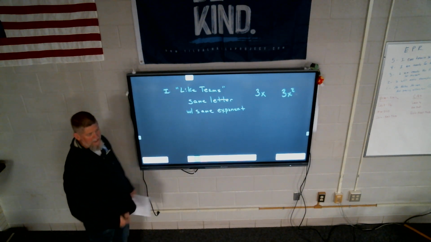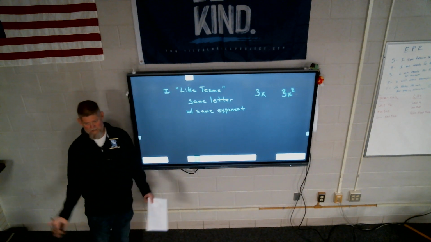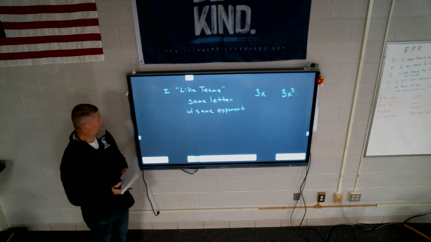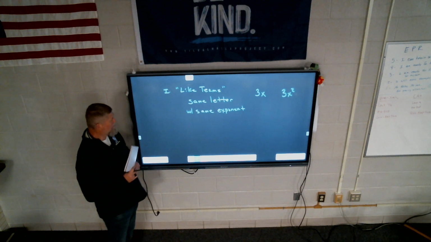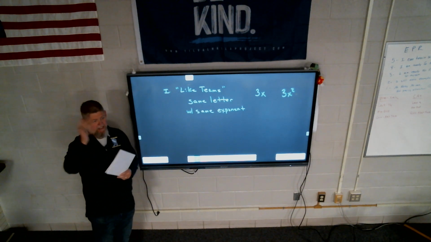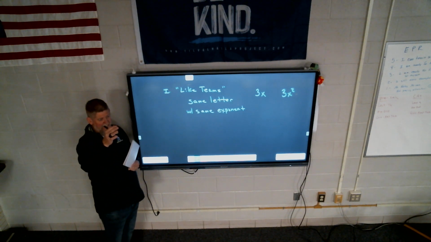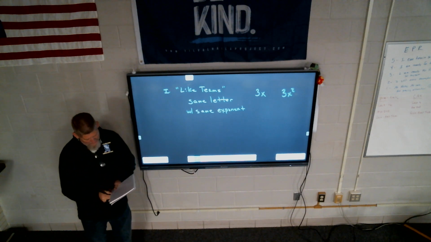So like terms have to have the same letter and the same exponent. That's all there is to it. That was kind of fun, actually. Wasted a little bit of time, but that's okay. Okay, so same letter with the same exponent.